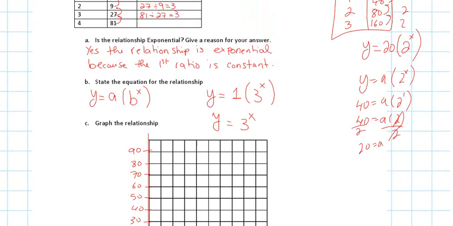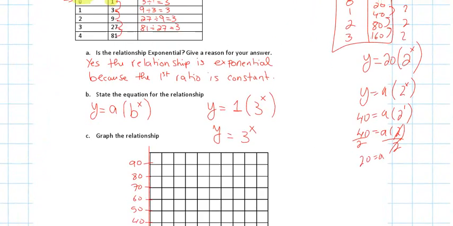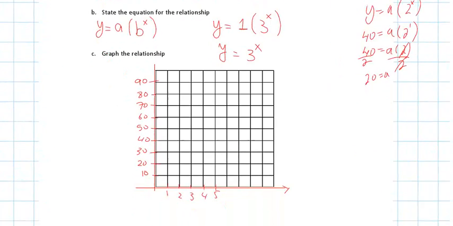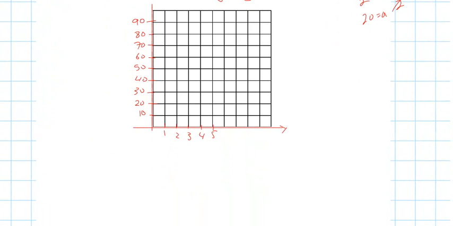So 0, 1, 1, 3, 2, 9. 0, 1, so it's going to be almost here. 1, 3, 2, 9.